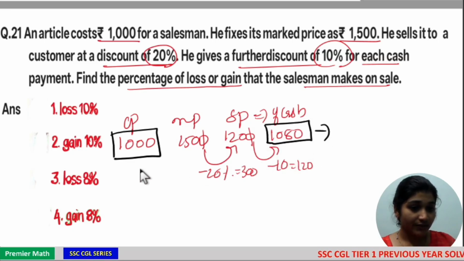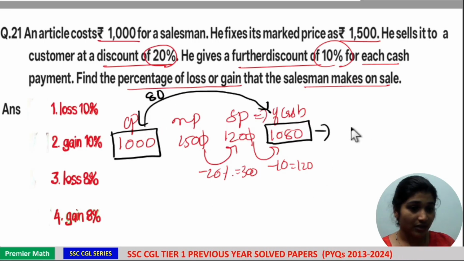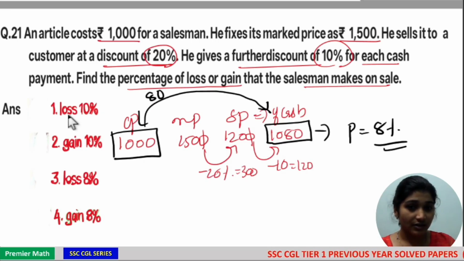So here the difference between cost price and sell price is equal to 80 rupees, which means profit is equal to 8% of 1000. Here 80 is equal to 8% of 1000. So profit is 8%. Option 4 is your answer.